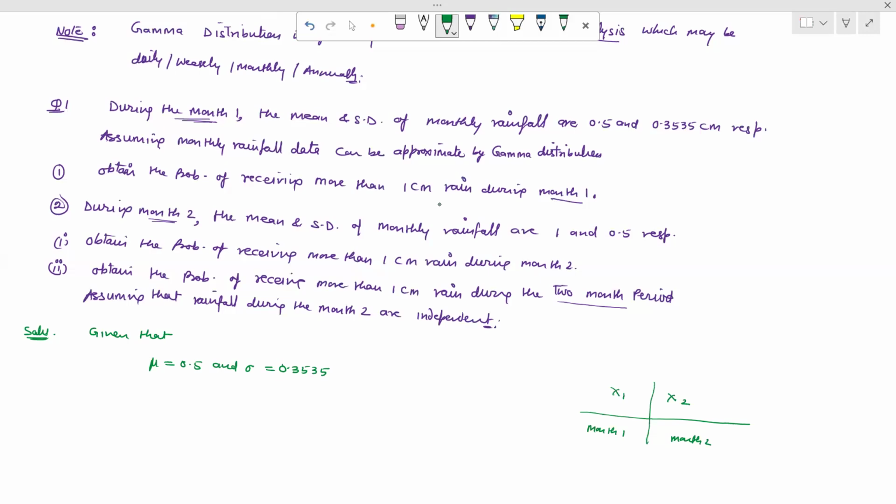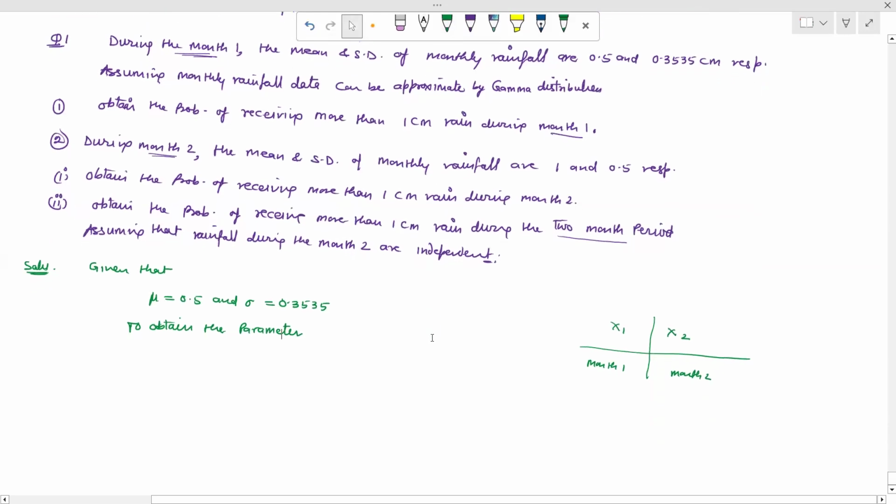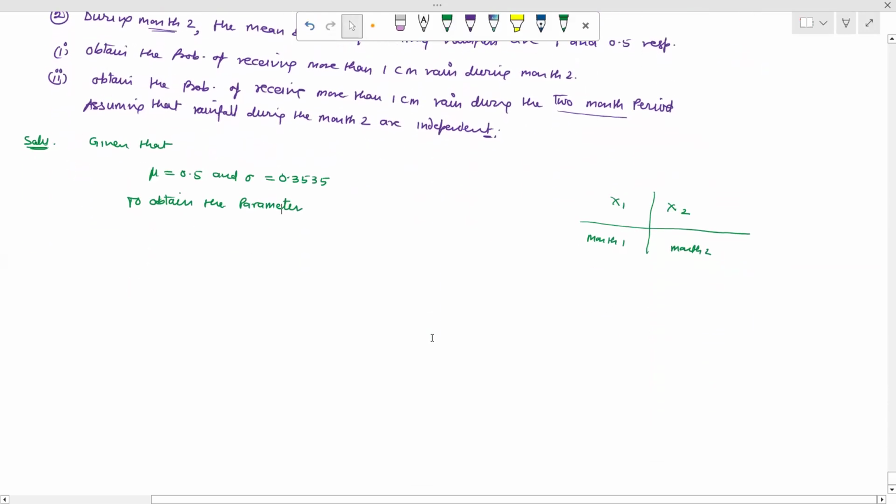When the mean and standard deviation of a gamma distribution are given, we calculate the parameters. How many parameters does this distribution have? It has two parameters: one is lambda and the second is alpha.